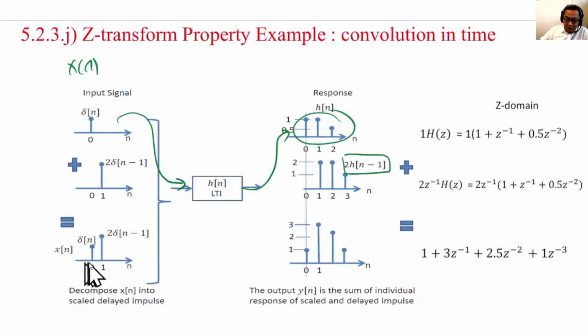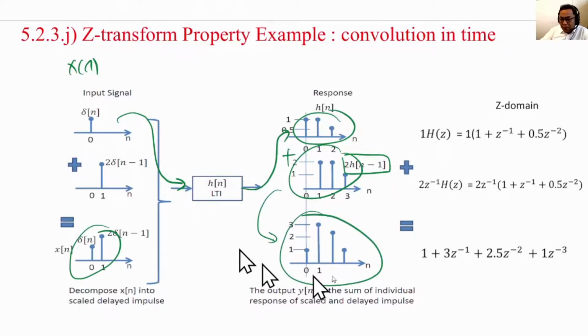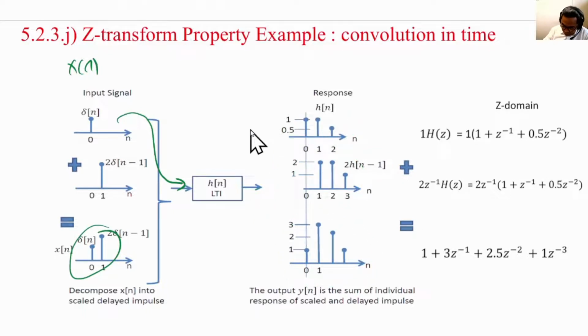And of course, the final output is the sum of these two signals. So in time, we understand how it's being done. Let's see this whole example in the Z domain. This is the Z-transform of h[n] multiplied by 1, which is the input.